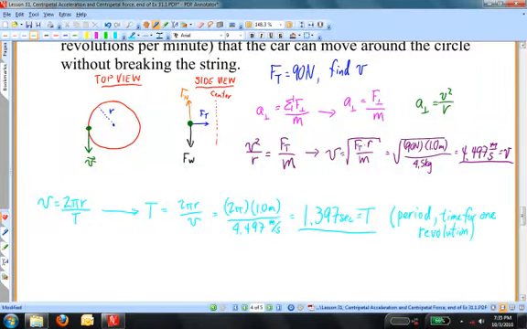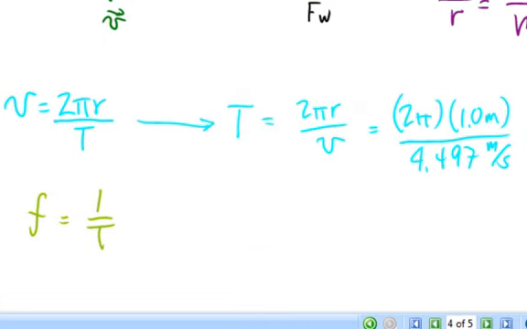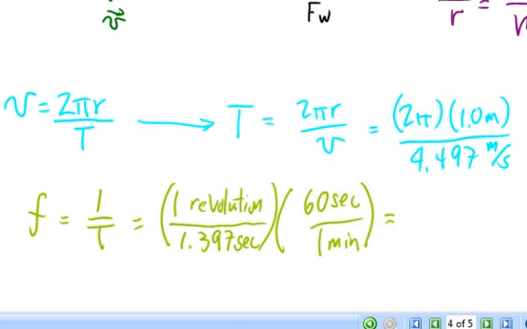Let me recognize that the frequency is the reciprocal of the period. In other words, the frequency is the number of revolutions per second. And I know how many seconds there are per revolution, so if I take the reciprocal of that, I'll find that in revolutions per second. And then I can convert that into revolutions per minute. And now let me put the numbers into the calculator.